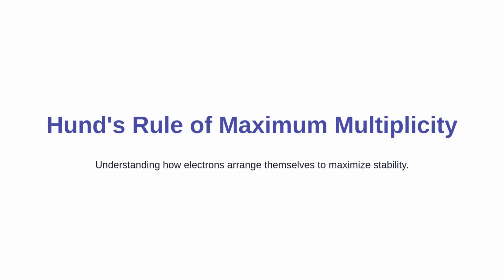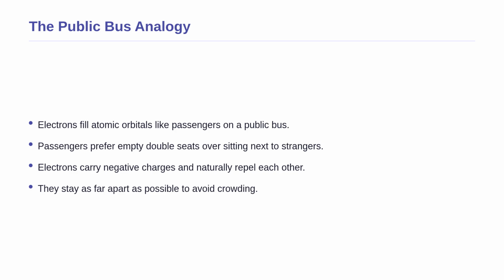Let us dive in. To understand how electrons behave, imagine you are getting on a public bus that has several empty double seats available. Naturally, you will choose to sit in an empty double seat all by yourself rather than sitting right next to a stranger. Only when every double seat has at least one person in it will new passengers start sitting next to someone else.